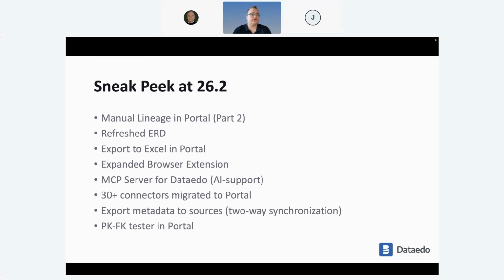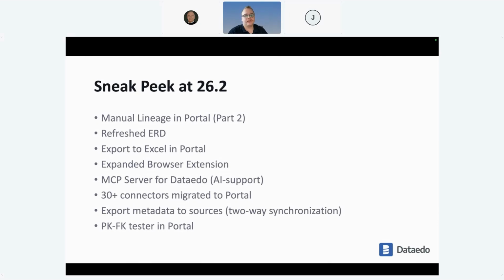And the next one is the expanded browser extension. Like I said before, it is, for example, URL matching, and it will work with URLs that we provide for Snowflake and Databricks. But also, if you create some manual object with this link, if you have some custom tool your users are using, you can provide the beginning of the URL inside of this manual object, and then your users that are browsing this custom tool can just click on the extension and see what you documented inside of Dataedo.